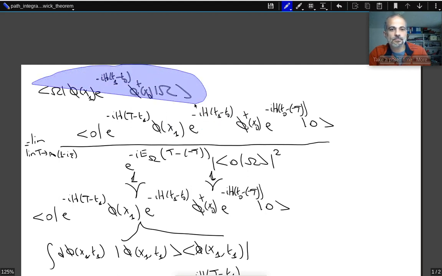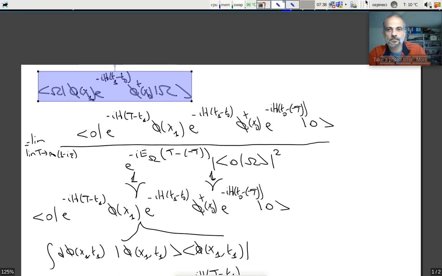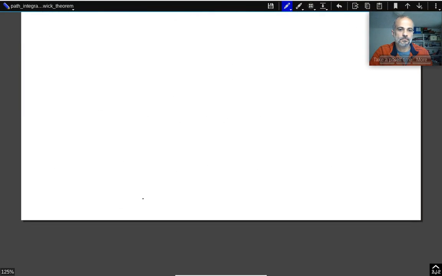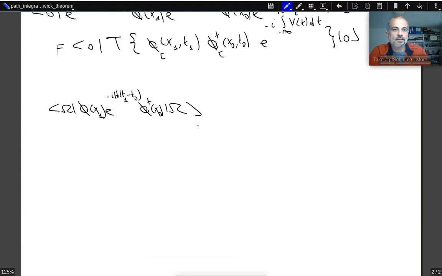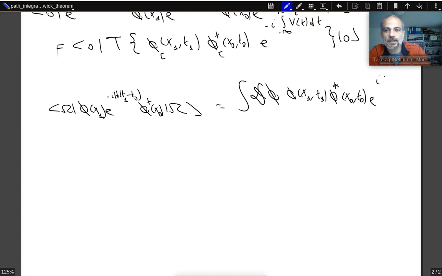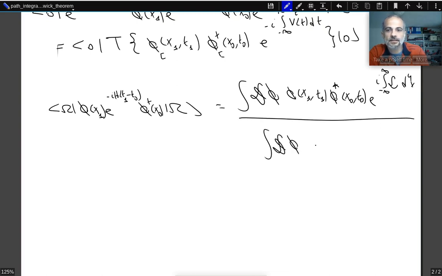So this term is actually equal to the path integral d phi, phi of x1 t1, phi star of x0 t0, e to the power i integral from minus infinity to infinity of the Lagrangian density d4x, divided by the path integral d phi e to the power i integral from minus infinity to infinity of the Lagrangian density d4x.